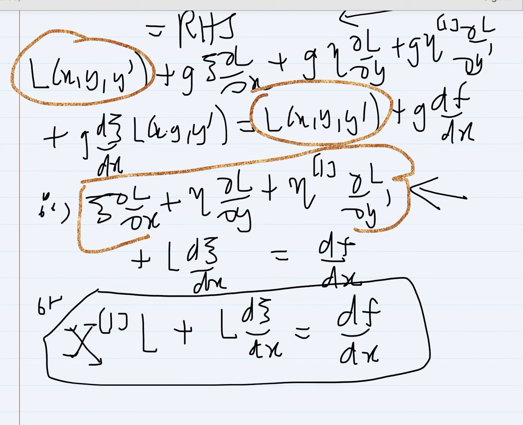What this means is that a one parameter Lie group of transformations, x bar, y bar dashed, leaves the integral in calculus of variations invariant, unchanged, if this is satisfied. So these are equivalent statements.